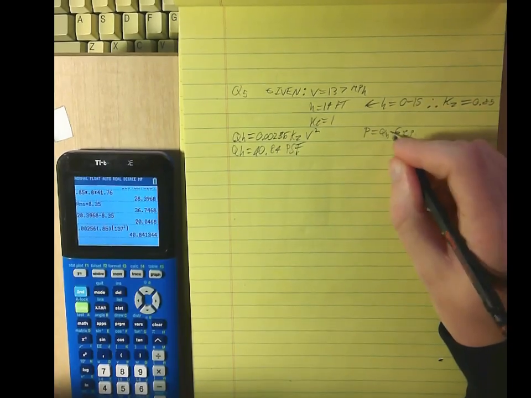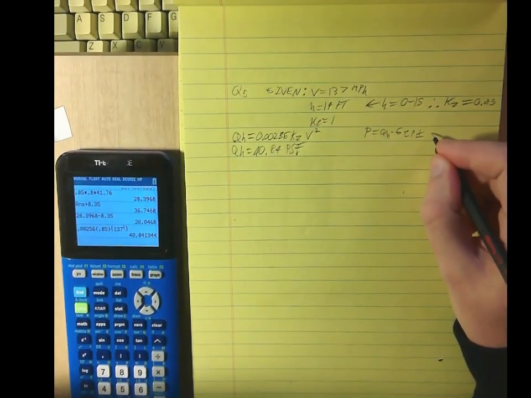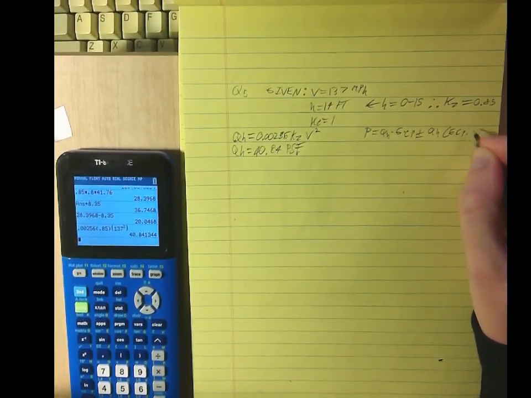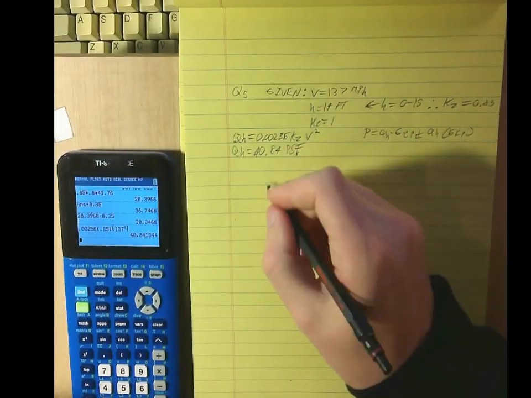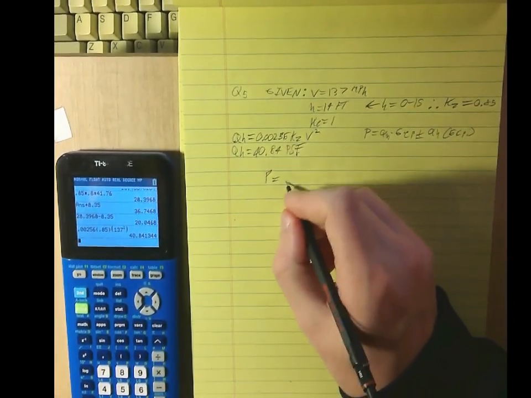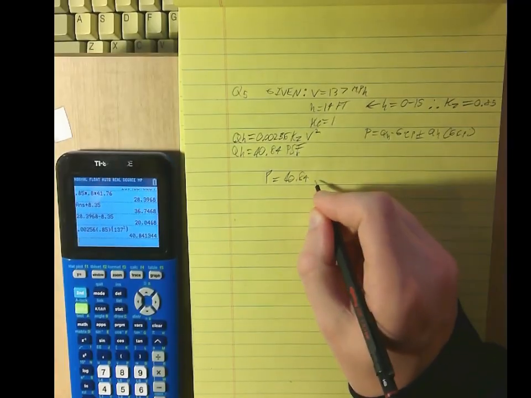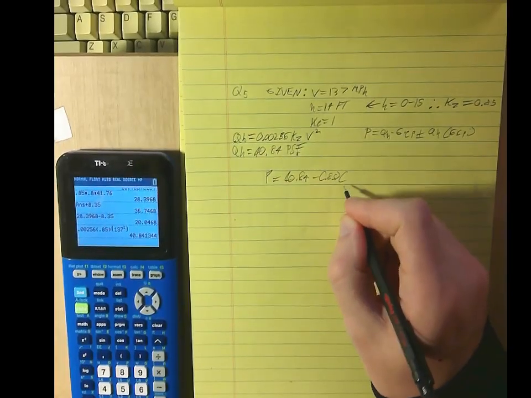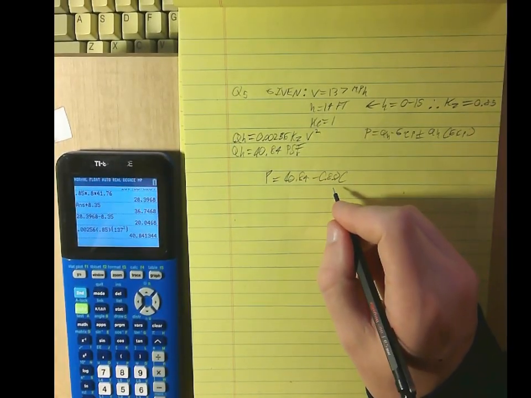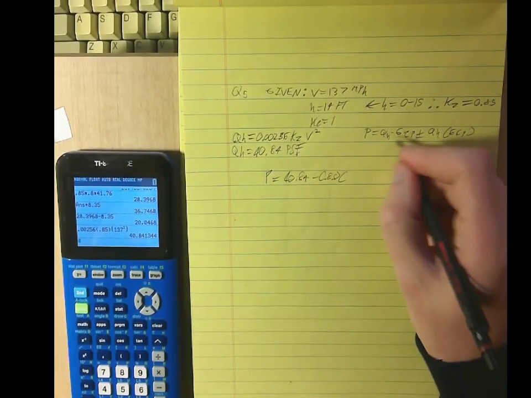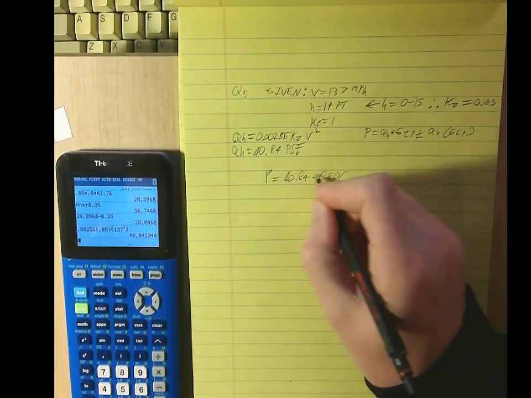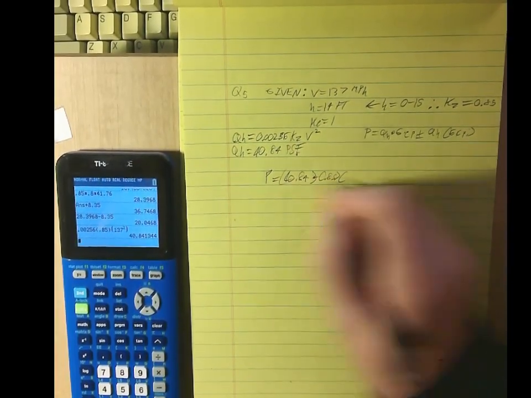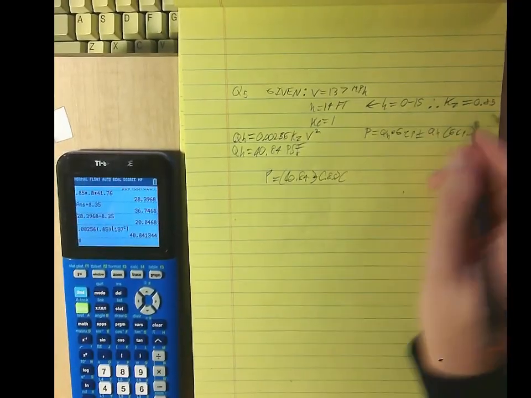GCP plus minus QH GCPI. So P is going to equal 40.84 times, this is times, not minus, sorry, 0.85 again.